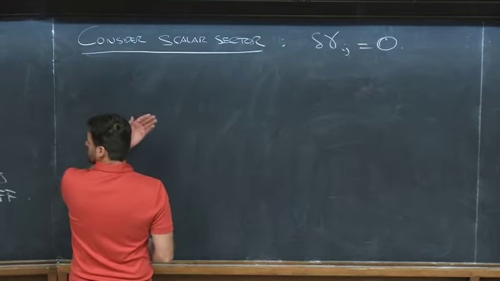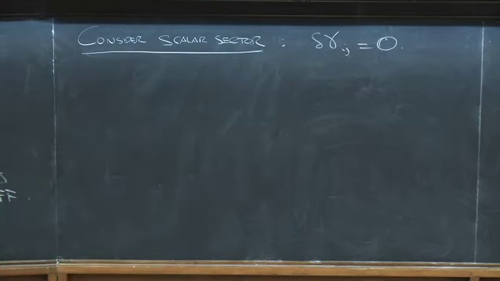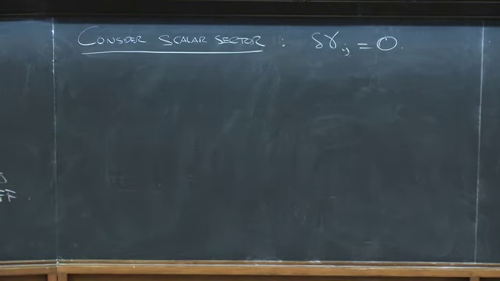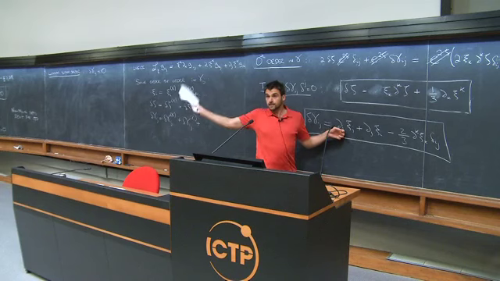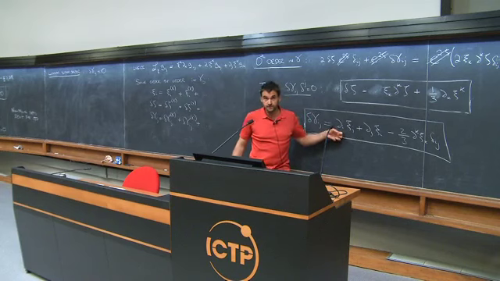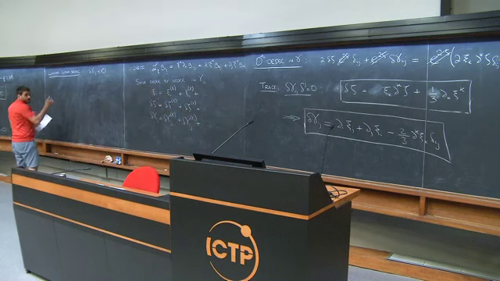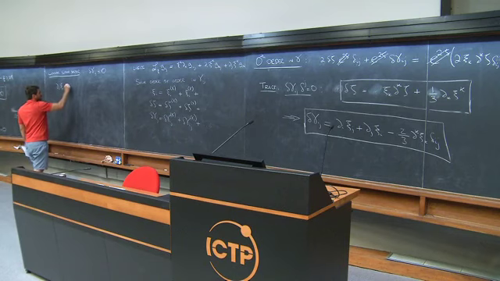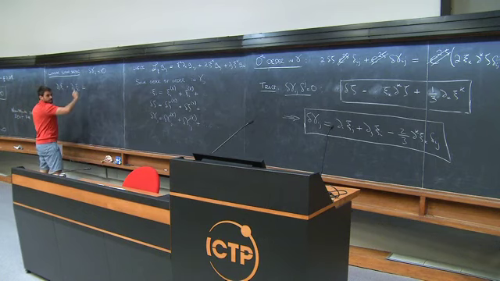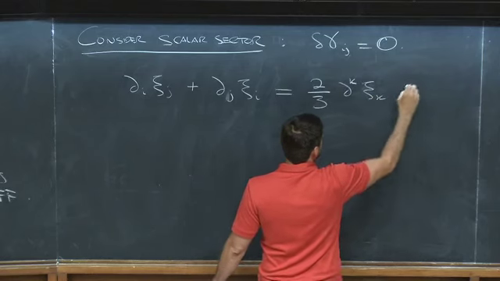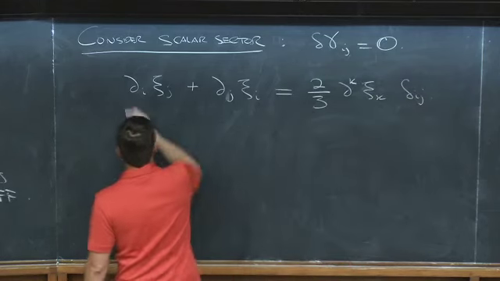So in this case, imposing that delta gamma is 0 to remain in the scalar sector gives me directly an equation for Xi, which is stronger than the one we derived by taking the divergence of the equation, clearly, because I'm not taking the divergence. So we get a straight equation for Xi, which is the following: d_i Xi_j plus d_j Xi_i is equal to 2/3 d_k C_k delta_ij.